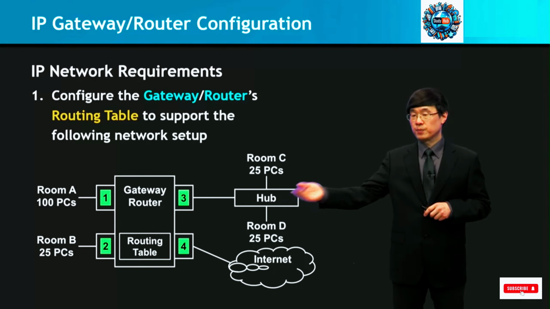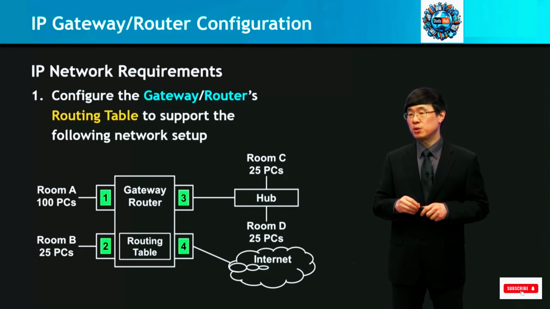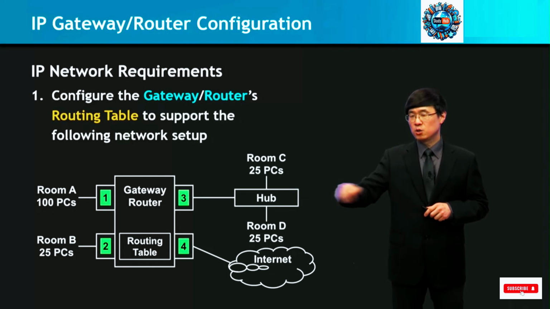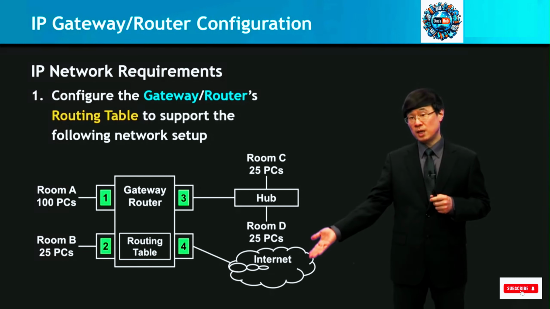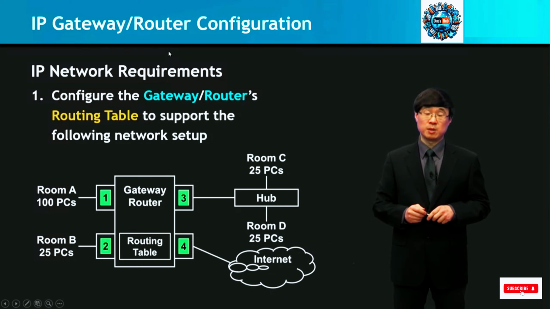And then rooms C and D are connected to a switch or a hub right here, and they each have 25 computers inside. They're connected to this switch or hub, and then that is connected to interface port number 3 of the gateway. The internet is connected to interface number 4 right here, as you see below.